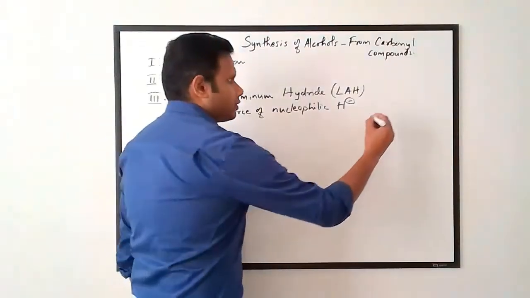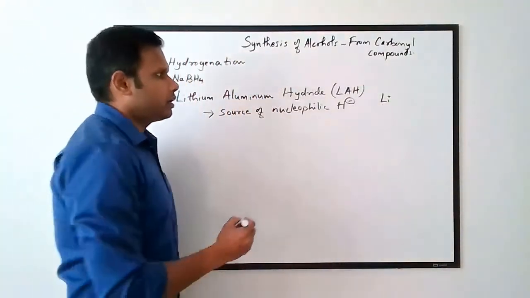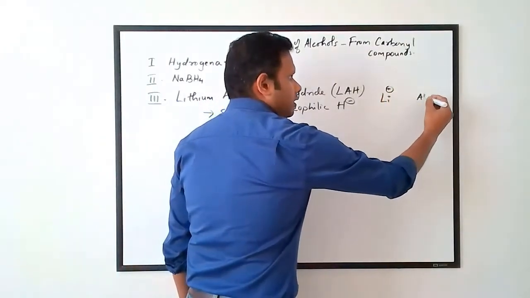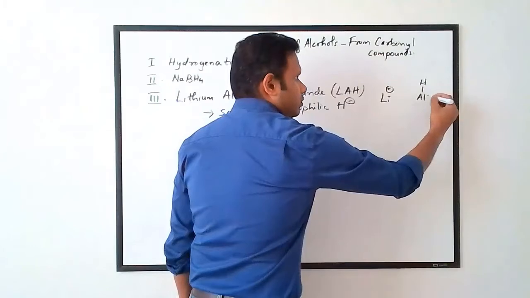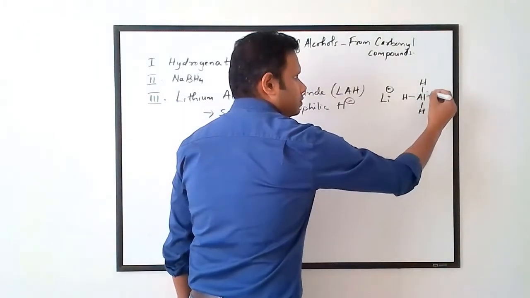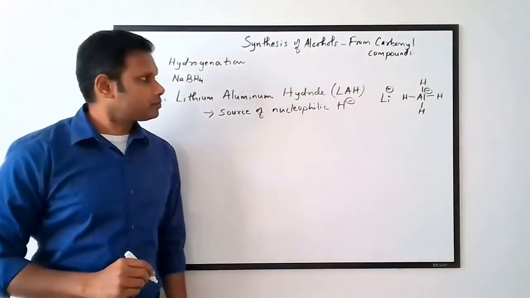And even the structure of this reagent is very similar to sodium borohydride, where we now have a lithium cation and we have aluminum with 4 hydrides connected to it. And the aluminum has a formal negative charge.